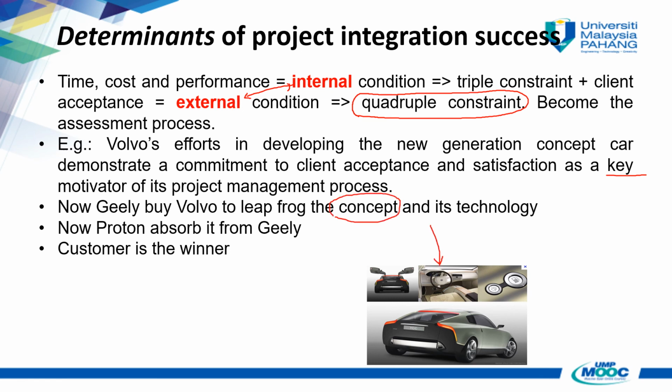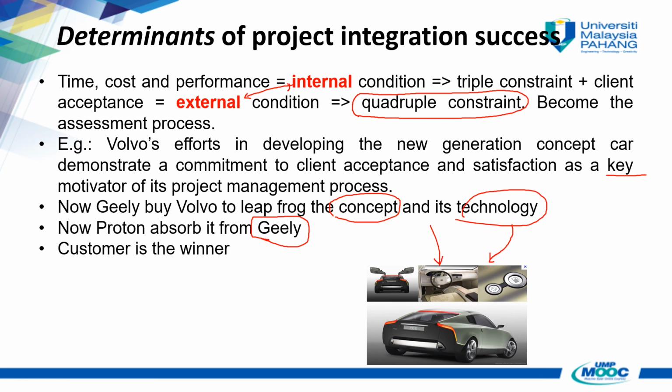And also the technology. So what is the technology? Whatever technology they absorb in the product there. And now Proton was also absorbed by this Geely. So who is the real winner in this quadruple constraint here?